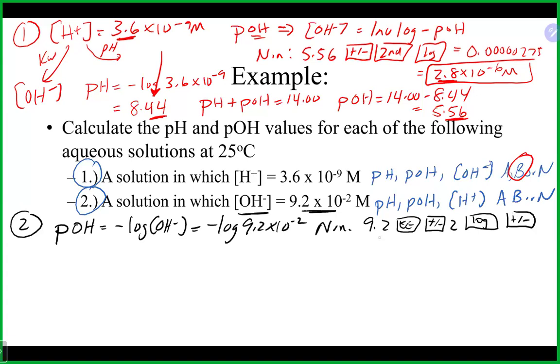That's going to get you a pOH of 1.04 in this case. At this point, it does again open up a couple of options. For me, getting the pH at this point is pretty simple. We just subtract from 14. So the pH here is going to be 14 minus 1.04.